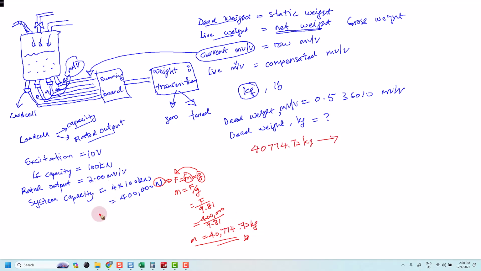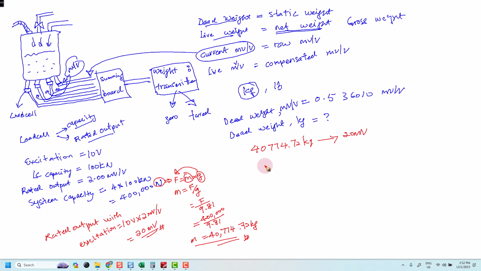The rated output with excitation is this excitation of 10 volts multiplied by this rated output of 2.00 millivolt per volt. So you will get about 20 millivolt.